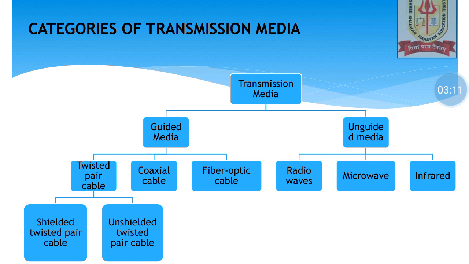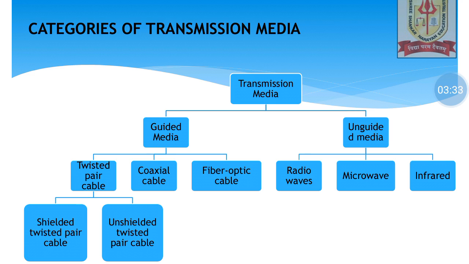So the one with guidance is known as guided media, and the one without guidance is known as unguided media. As far as guided media is concerned, we have twisted pair cable, coaxial cable and fiber optic cable. As far as unguided media is concerned, we have radio waves, microwaves and infrared waves.